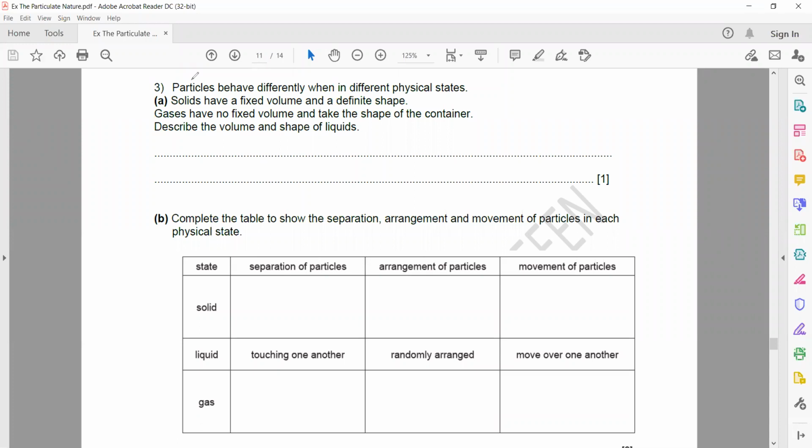Okay, next question. Particles behave differently in different physical states. Solids have fixed volume and a definite shape. Gases have no fixed volume and take the shape of the container. Describe the volume and shape of a liquid. What is the volume of a liquid and what about the shape of the liquid?